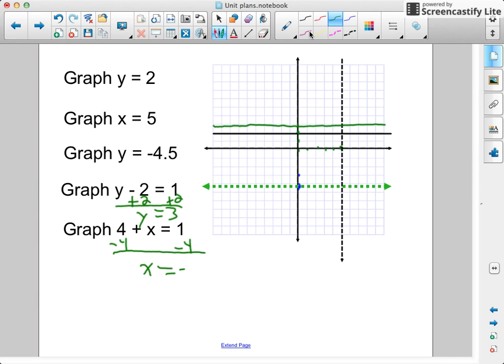So x equals negative 3. So I start at the origin, go 1, 2, 3 left to negative 3. And then I'm going to draw a line at negative 3. A vertical line. So that's how we draw horizontal and vertical lines.